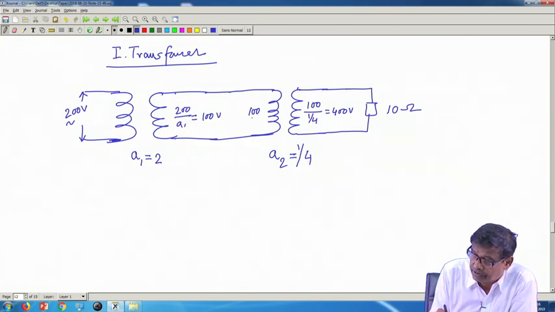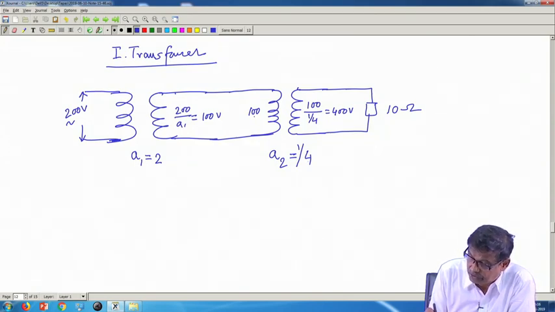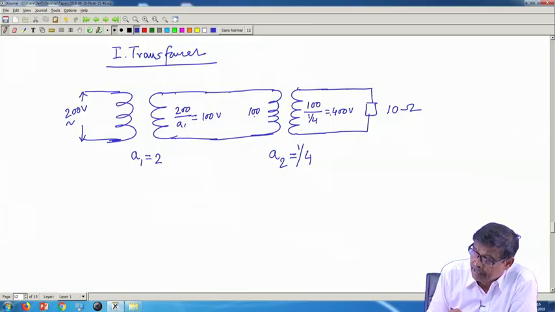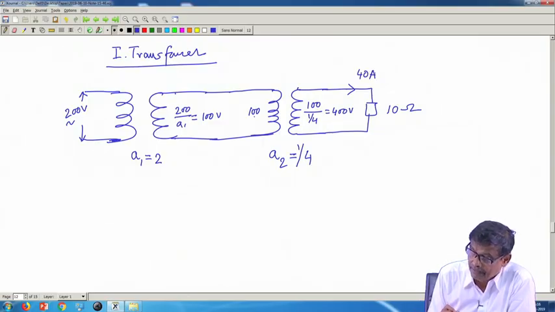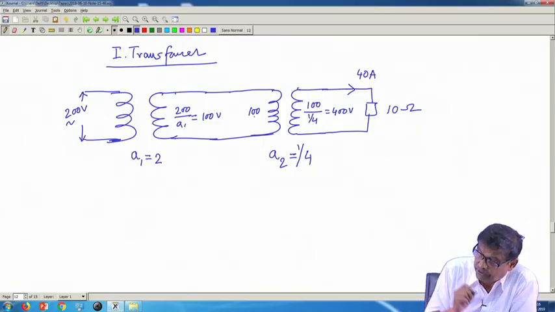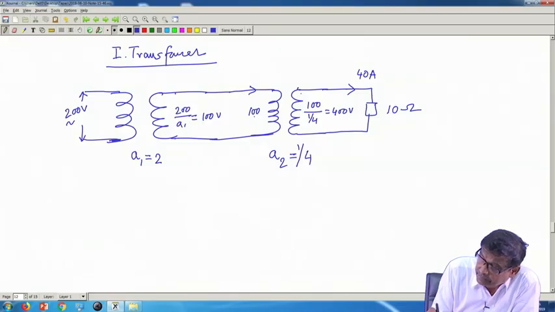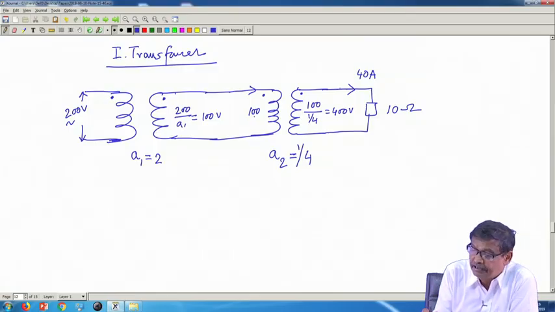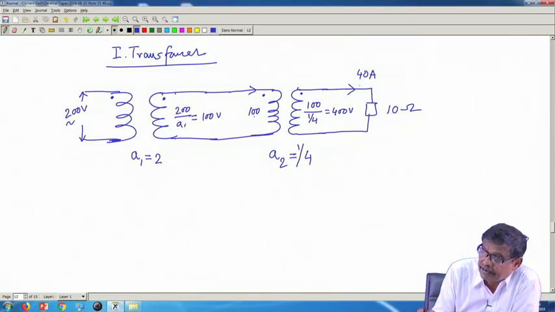Now tell me, A2 is equal to 1 by 4. So, its applied voltage 100, 100 by A2, 400 volt. If you know this is 400 volt, this is 10 ohm, so this current will be 40 ampere. And mind you, I should have shown you the dots. If this is 40 ampere, this current will be I2 by A. Its secondary current is 40.